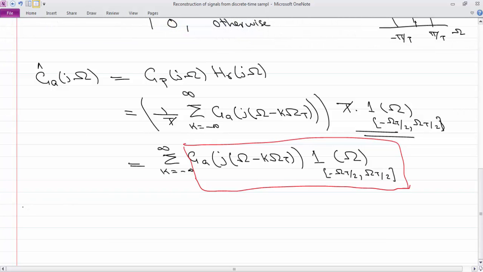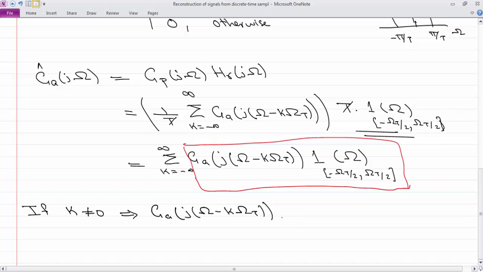So if k is not equal to 0, then g_A of j omega minus k omega T, right? Any copy that is not around 0 lies outside the range of minus omega T by 2 to omega T by 2, that is, minus pi by T to pi by T, just like we saw in the previous picture.